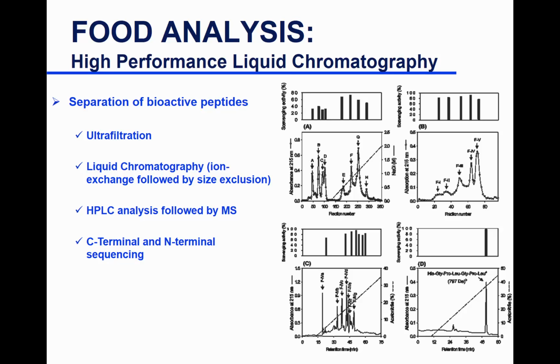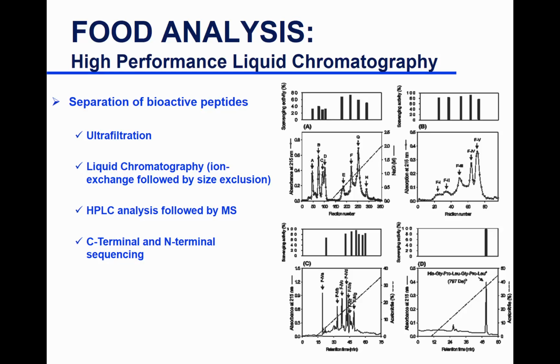So you want to isolate the most potent antioxidant peptide from your mixture for different applications. So you put enzyme, you put your protein, and then you generate a mixture of peptides, not one peptide. So you want to get out the one that has the most activity. How do you do that? With a series of chromatography separations.